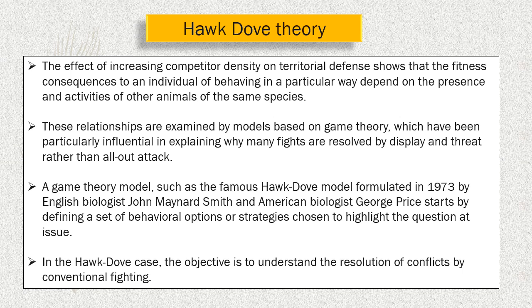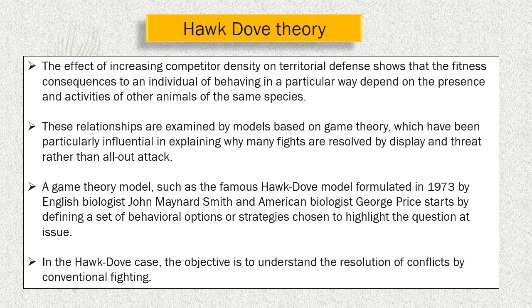During agonistic encounters, the decision about whether to attack, display or flee depends on what the other participant does. Various alternative courses of action are called strategies. The participant's choice of strategy is assumed to be heritable.